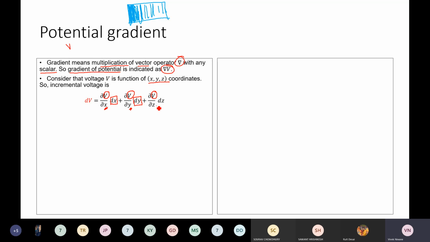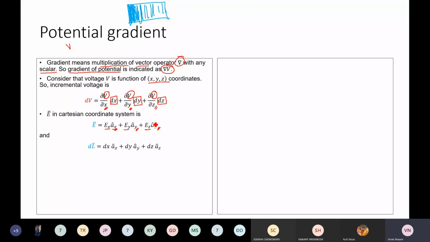Potential V is going to vary with respect to z if we are traveling along the z direction, dz. So this is a small amount of voltage. E bar in the Cartesian coordinate system is given by the general expression: x component of electric field intensity in the x direction, y component in the y direction, z component in the z direction.